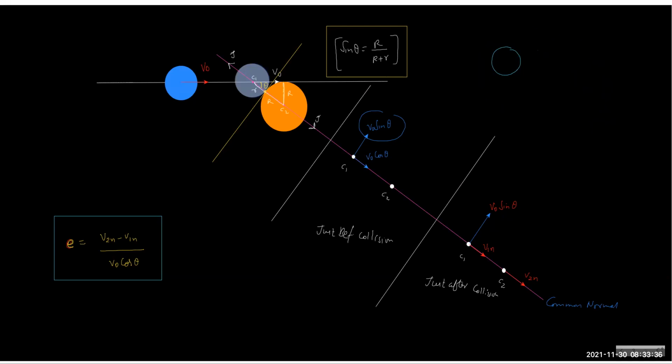In one dimension, because the velocity will follow the same line, such component like this will never occur. So in 1D, the approach and separation we can directly write without worrying about the component because there is no component at all. So only in the oblique collision we have the component, and so we have to write it accordingly.